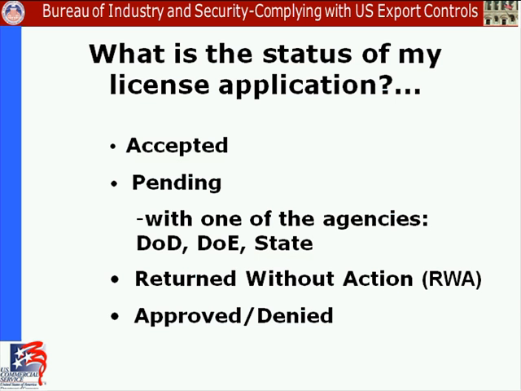Depending on the decision by the other agencies, if everyone is in agreement, then your application will be recommended for approval by the licensing officer or individual here at BIS that was assigned your application. That licensing officer's supervisor or division director will just review the process to make sure all applicable U.S. export laws and regulations were followed, and that review is what's called the countersigning procedure or countersigning step in the process to review your license.